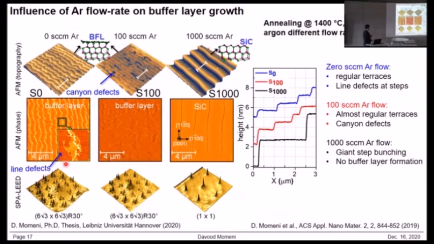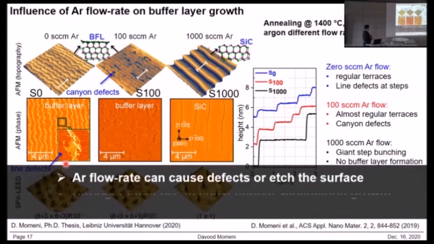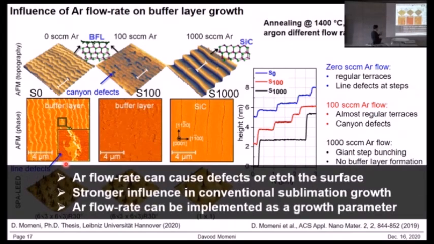So what does this mean? This means that we can clearly see that the argon gas flow can cause some defects or even etch the surface. We know that if something can destroy, and if we can control it in a way, we can use it as a growth parameter. That's why that was one of the optimizations that I did during this work.